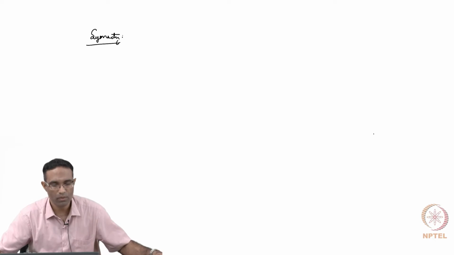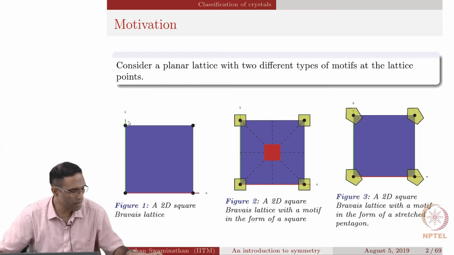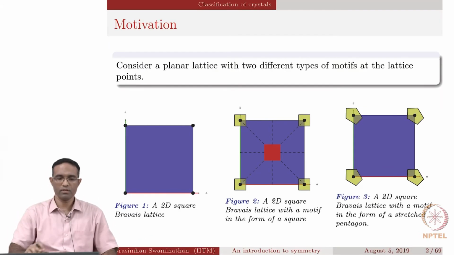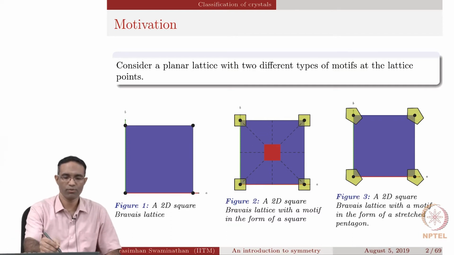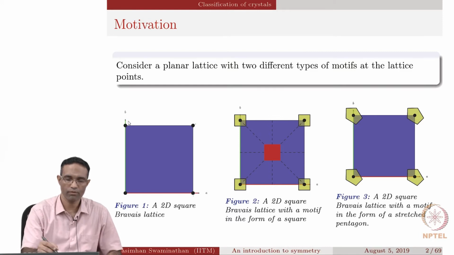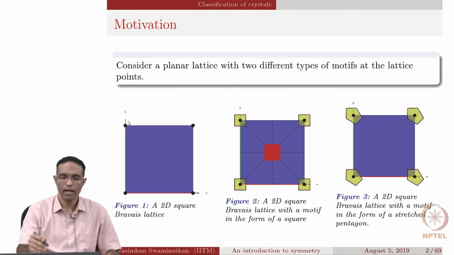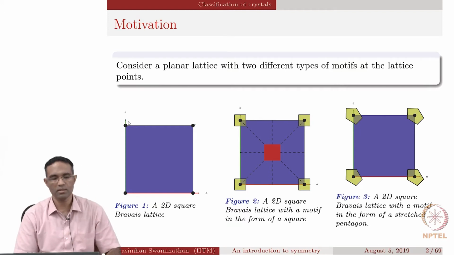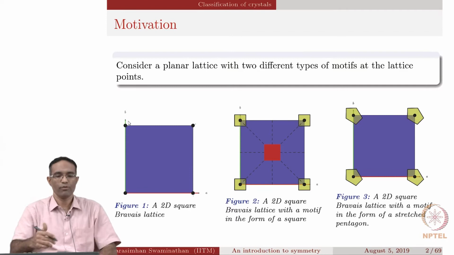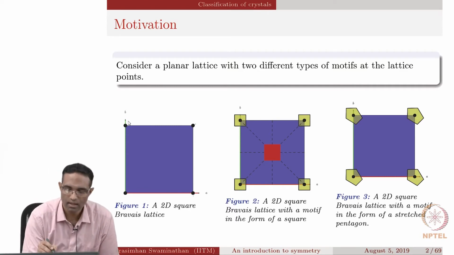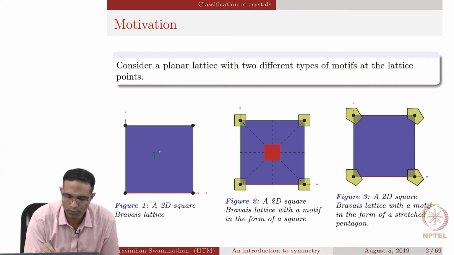Okay, so we saw an example of this 2D Bravais lattice, right? Just 4 different lattice points are basically here, 1, 2, 3 and 4. And if you look at the symmetry this lattice has, if it is extending to infinity in all the 2 directions, we saw that it has a 4-fold rotation.